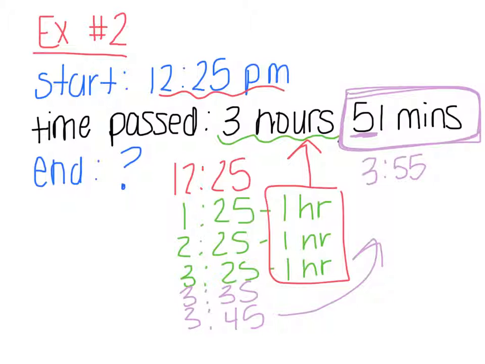Now I can't go to 3:65. There's no such thing as that. It would then go to 4:05, 4:15, and there's my 50 minutes because I had 10, 20, 30, 40, 50.